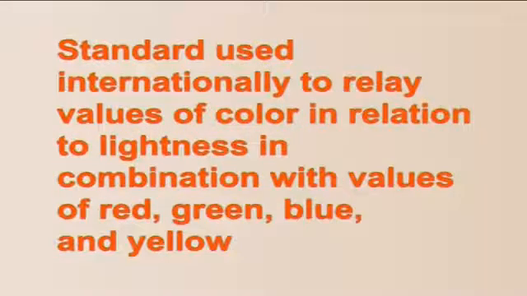The International Commission on Illumination, that is the CIE scale, is the standard used internationally to relay values of color in relation to lightness in combination with values of red, green, blue and yellow. Factors such as color and intensity can provide information about the quality of the wine.